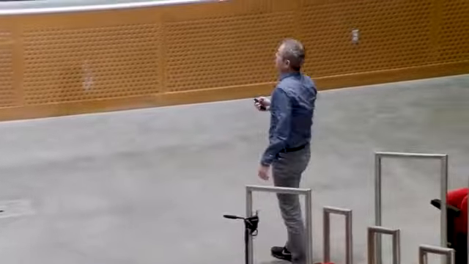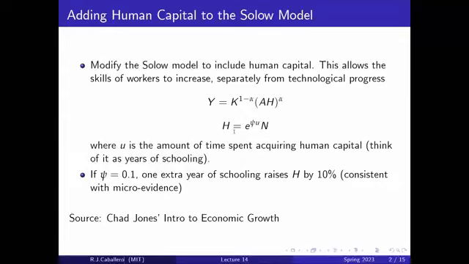So the first thing I'm going to do, it's useful as an exercise even, is modify the Solow model a little bit. This is like the production function I showed you before, but rather than having n here, I'm going to have h. And h is just our old n, population, labor force, whatever, scaled up by this human capital factor, okay?